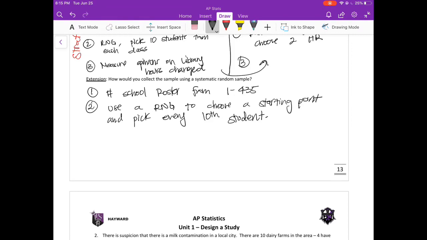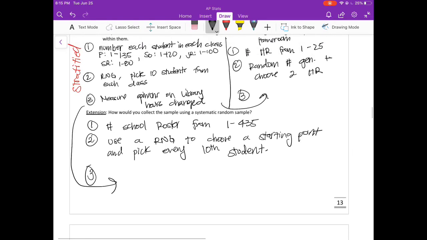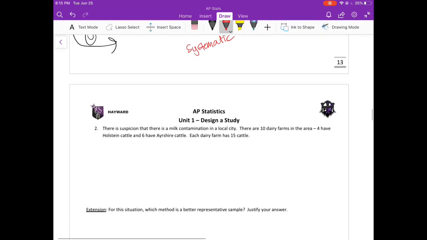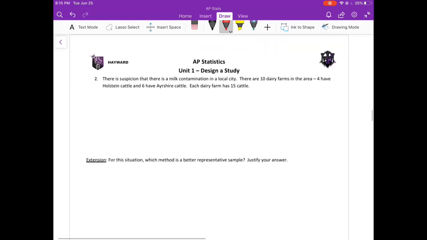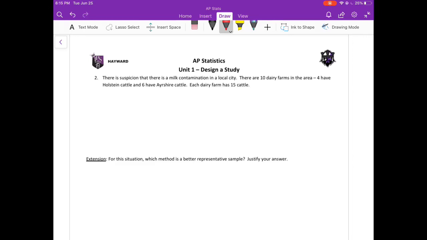And then number 3 is the exact same from above. So I'm going to go ahead and label this one would be cluster, and this one is a systematic random sample.